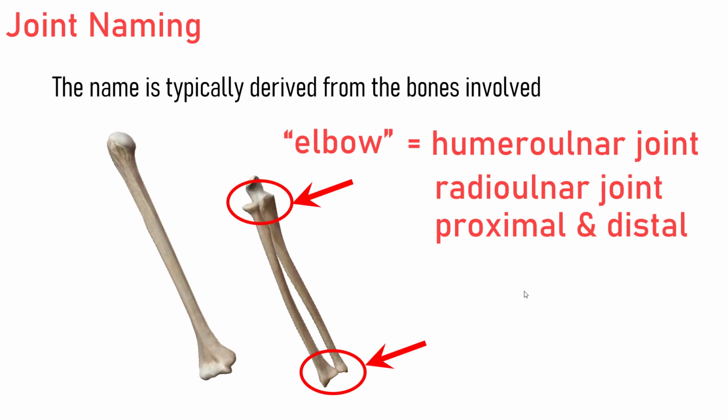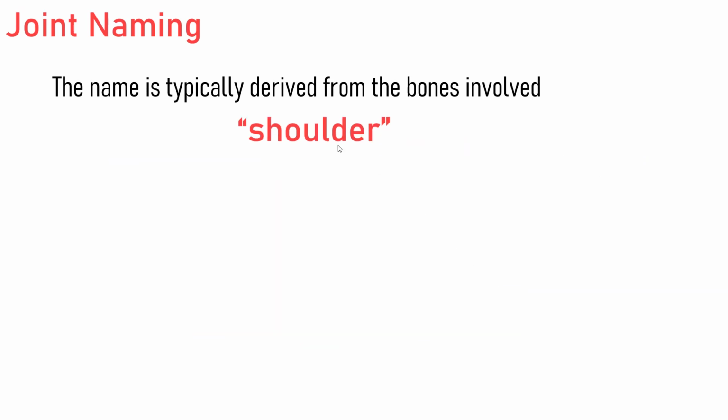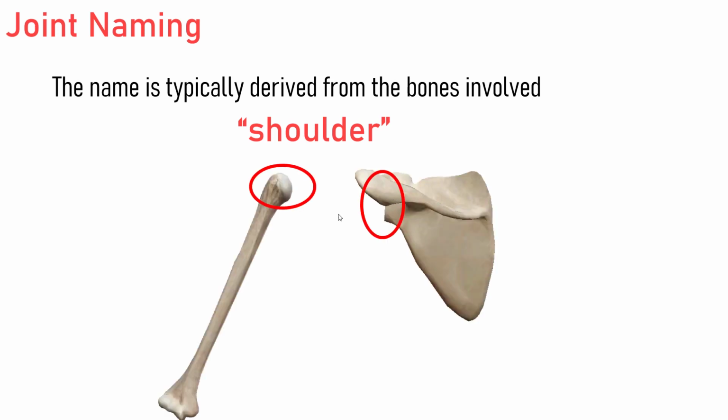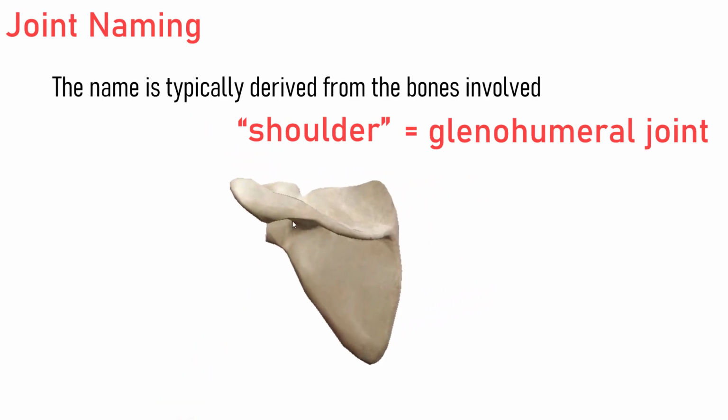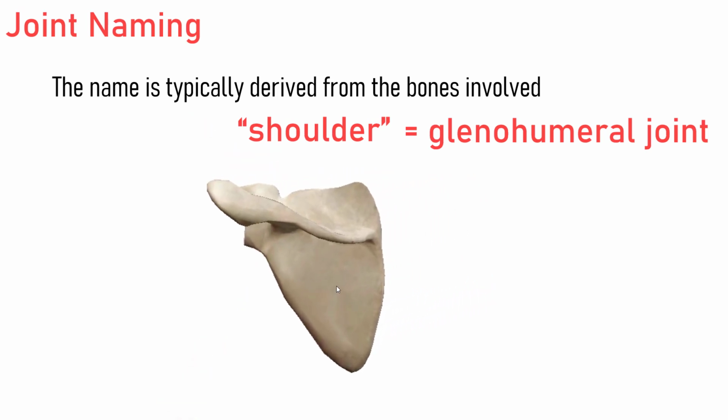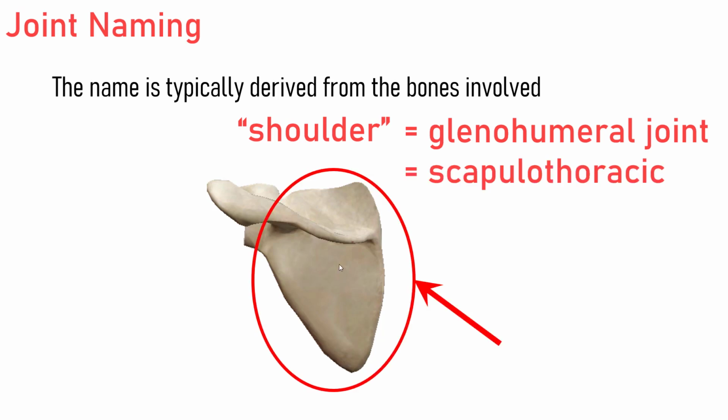Shoulder is another joint that is talked about, and the shoulder is confusing because there's really 4 to 5 joints that make up the shoulder. Typically we think of the glenohumeral joint, so that's the humerus articulating with the glenoid fossa of the scapula. But then we have the scapula itself that has a quasi-articulation with the thorax, and so that's the scapulothoracic joint.